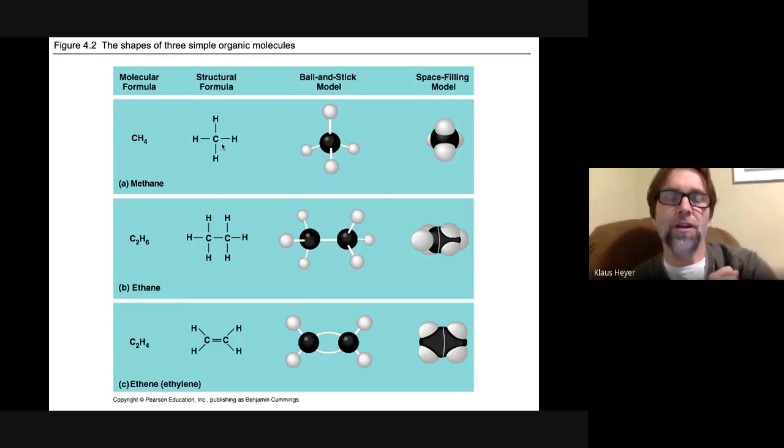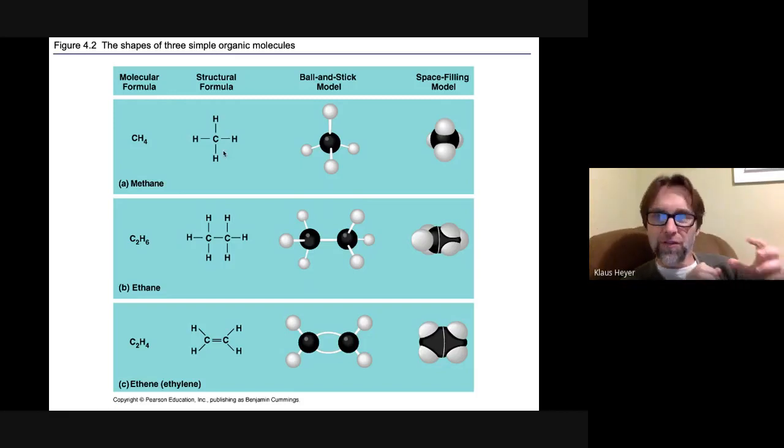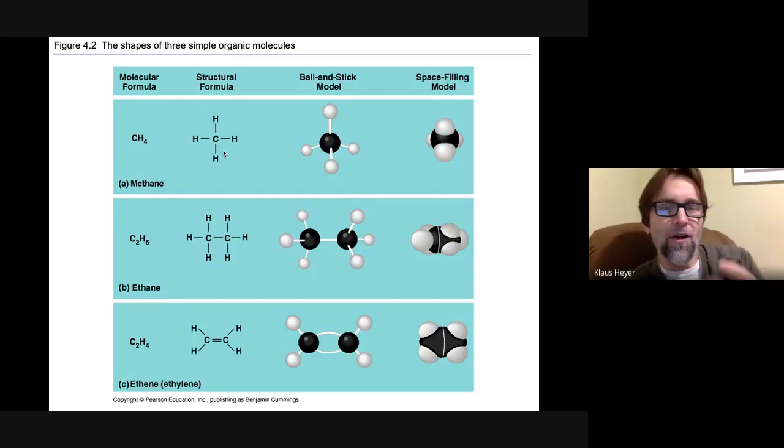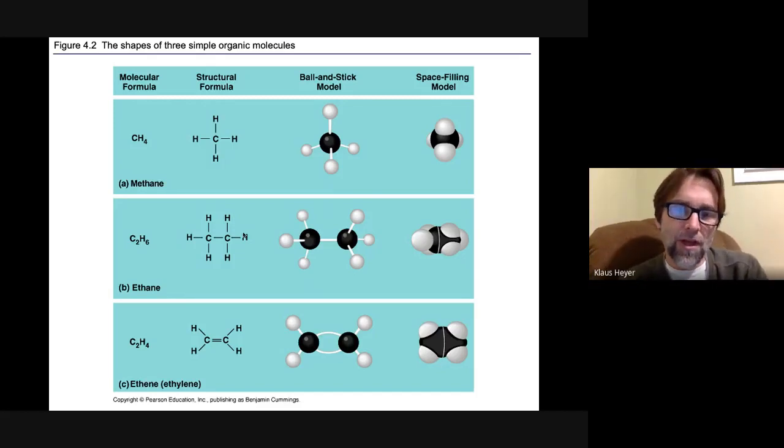All right, so if you're looking here at this first one, carbon's grabbing onto 4 different hydrogens with each of its 4 arms. Hydrogen only has 1 arm. That's all it can grab onto. So there's never going to be 2 things coming out of hydrogen. If you look down here at this bottom one, you notice that carbon has used 2 of its arms to grab onto another carbon.